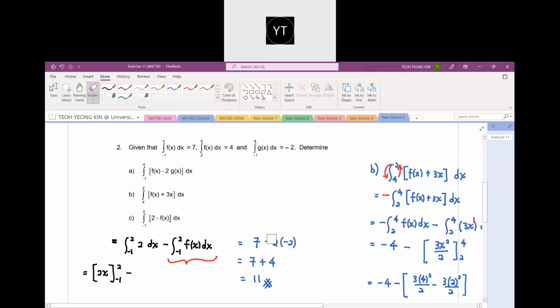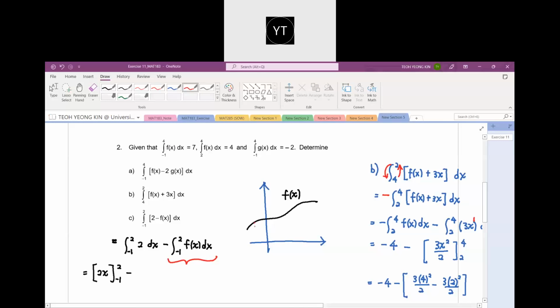In order to get a better understanding, we can try to sketch the graph. Let's say we have a graph, and this graph is the function f(x). For the first part, integrate from negative 1 to 4.